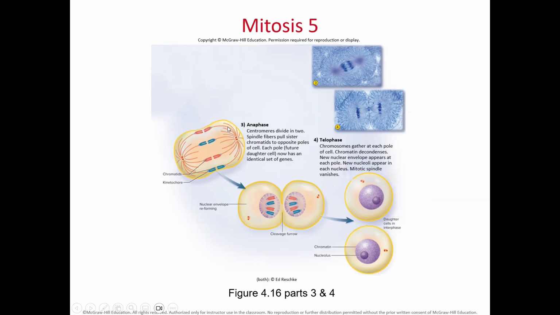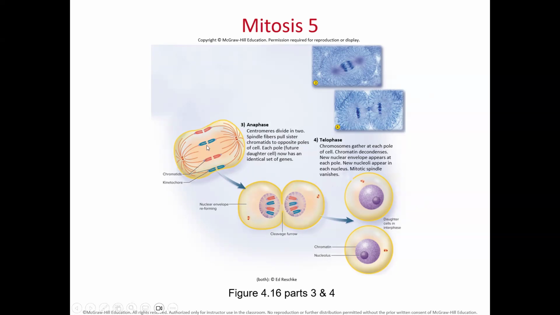Now, this side's going to have one copy of chromosome one from mom, one copy of chromosome one from dad. Perfect. This is why we line it up like this. So when we split it, each of the newly forming cells will have one copy of one chromosome from one parent, and the other copy will be from the other parent.